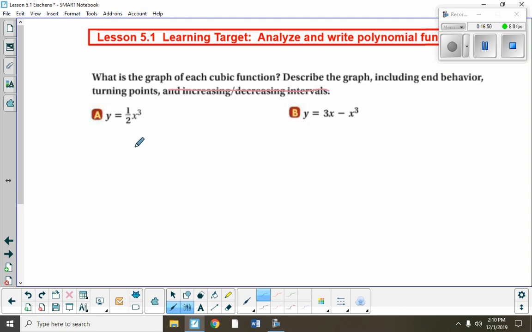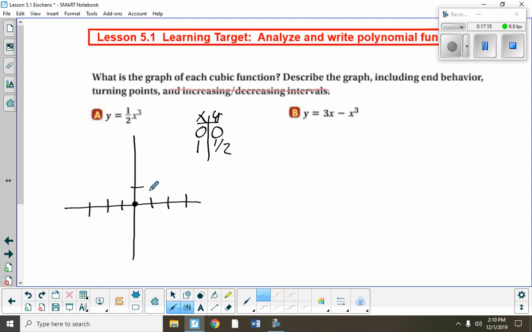So what we can do is make an XY chart here and plug in some numbers. Like if we plug in 0, we would have 0. If we plug in 1, we would have 1/2. If we plug in -1, we would have a -1/2.